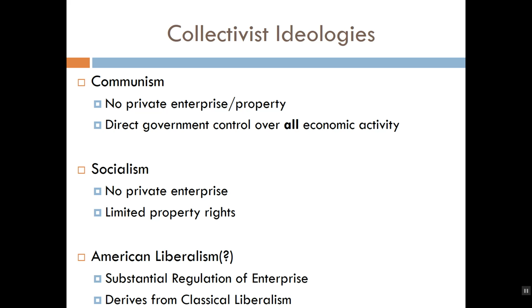They believe that industry is important, that entrepreneurship is valuable, and that people ought to be allowed to create businesses and engage in job-generating activities as a means of enriching themselves. So you are allowed to own a business in an American liberal society, and you are allowed to accumulate property. However, they want to see some substantial regulation of that property and that business.